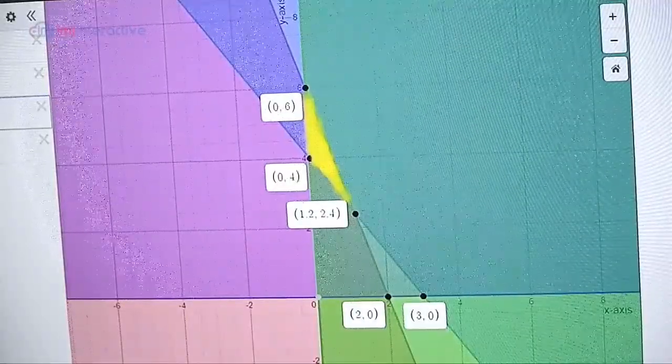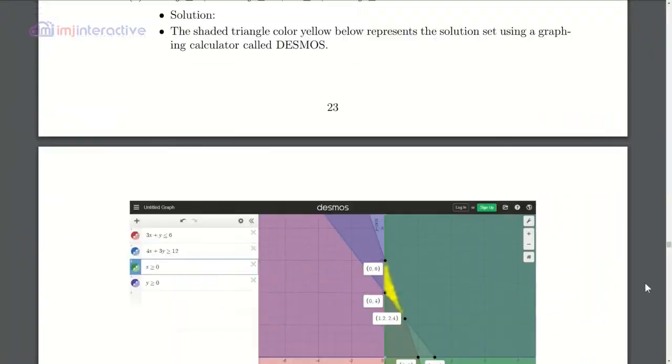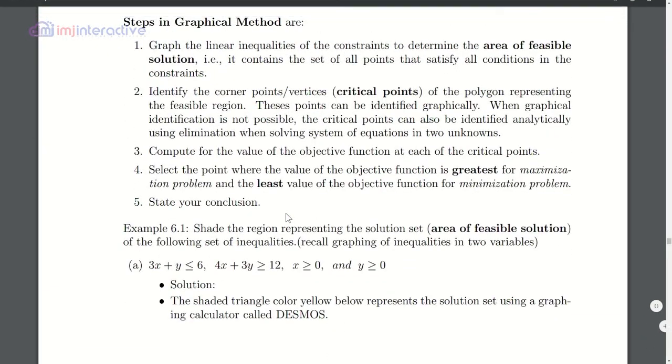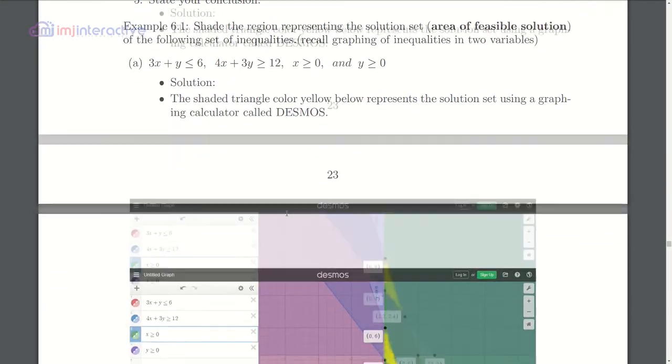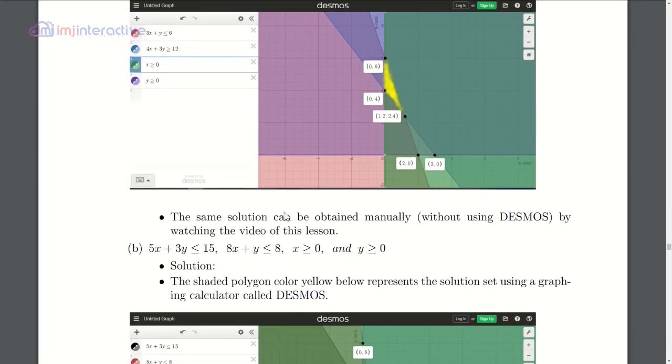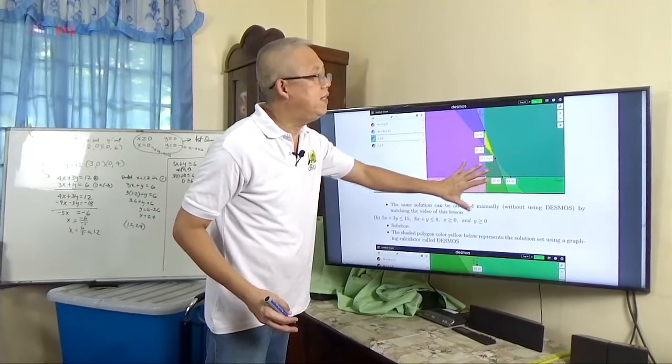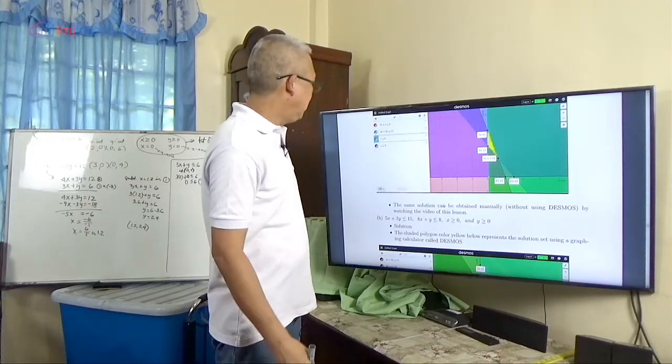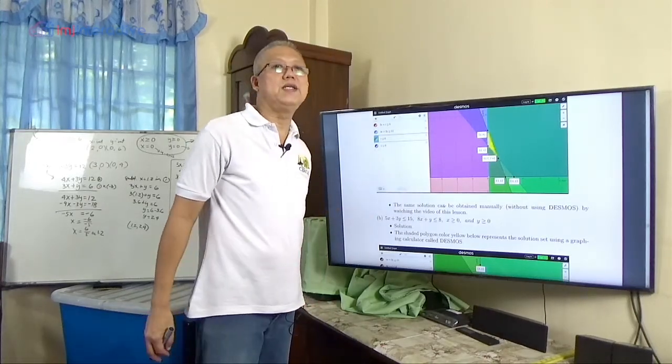If you go back to the steps, compute for the value of the objective function. You have to compute for the value of the objective function, if that is a linear programming problem. But for now, our main concern is only to find the shaded region. So that is the first example.